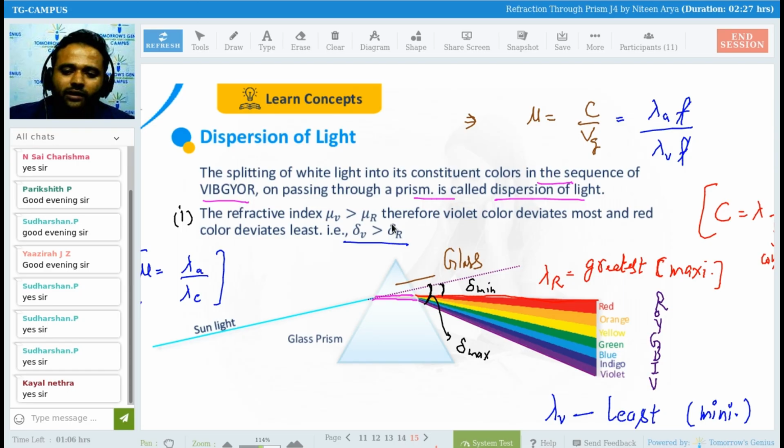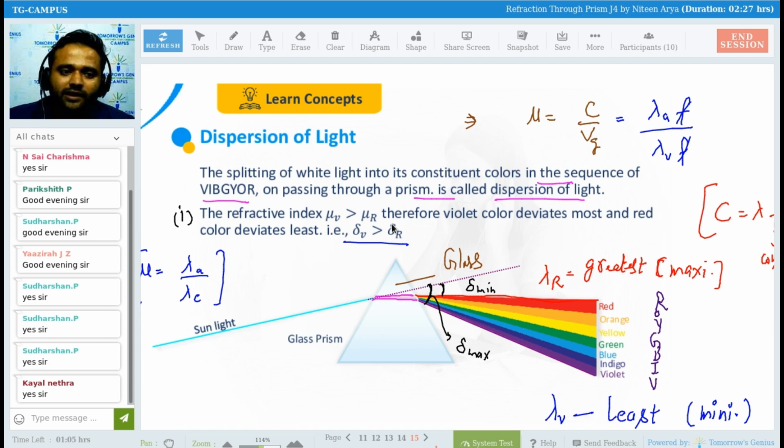Second statement: the reverse, violet deviates less and red deviates more. Third statement: the angle of deviation is maximum for green and minimum for orange compared to each other. Fourth statement: the angle of deviation is maximum for red and minimum for violet. And the last option is none of them.